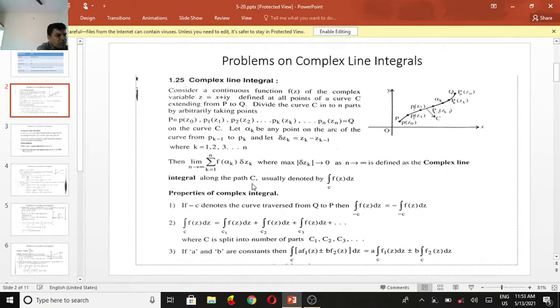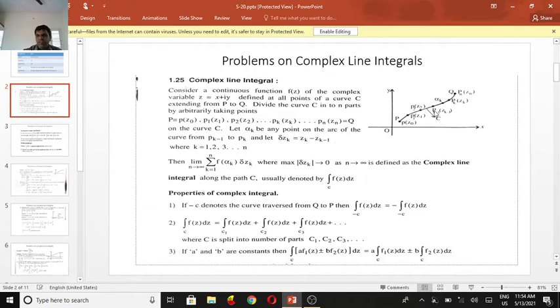Suppose the line integral is a path integral. If I denote a path C of length PQ, we divide it into a number of subintervals P1 of Z1, P2 of Z2, etc., Pk of Zk, etc., Pn of Zn, where Z1, Z2, etc. are complex numbers. We take alpha k on the arc from pk minus 1 to pk, with delta zk equal to zk minus zk minus 1.